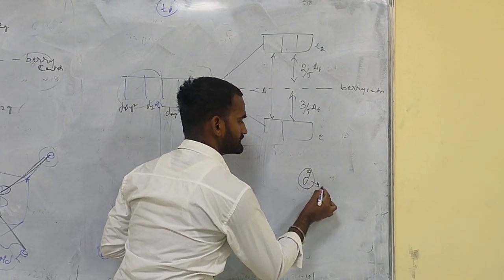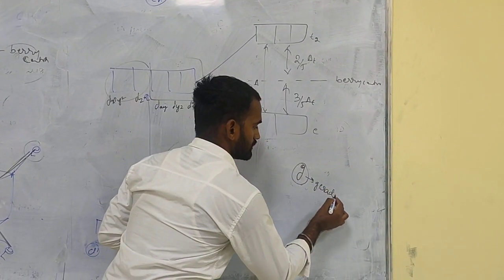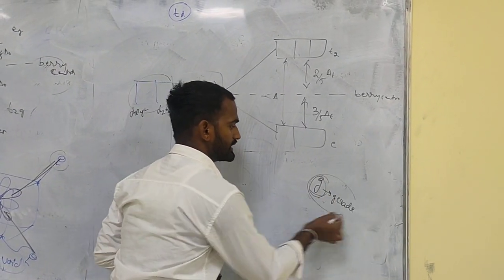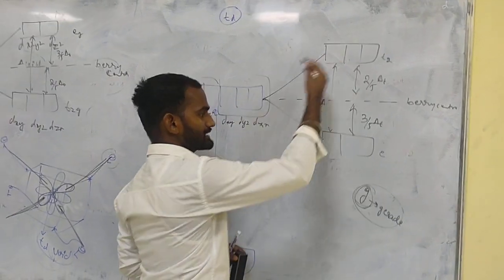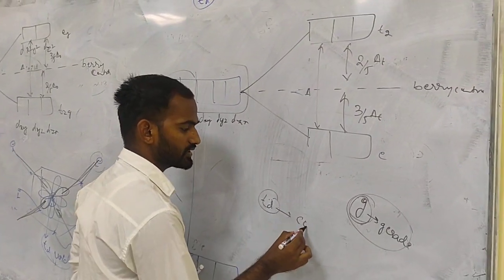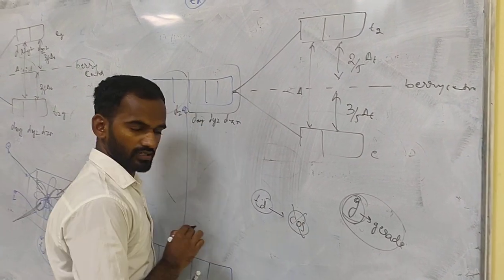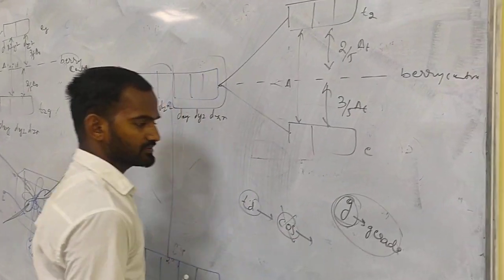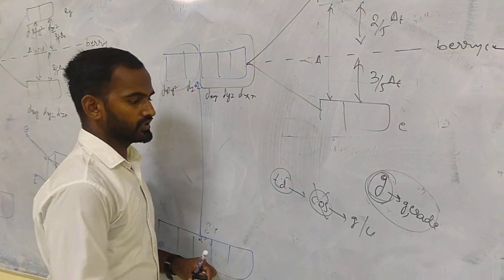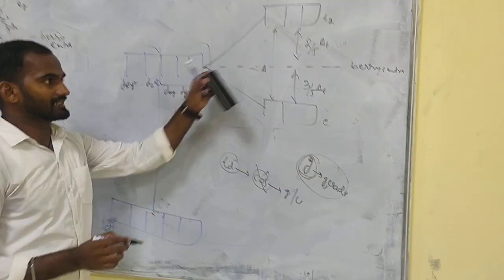The g indicates gerade. Why do we not use the gerade and ungerade concept? Because tetrahedral complexes do not have a center of symmetry. Due to the absence of a center of symmetry, the gerade and ungerade concept does not apply, so we do not use it in tetrahedral complexes.